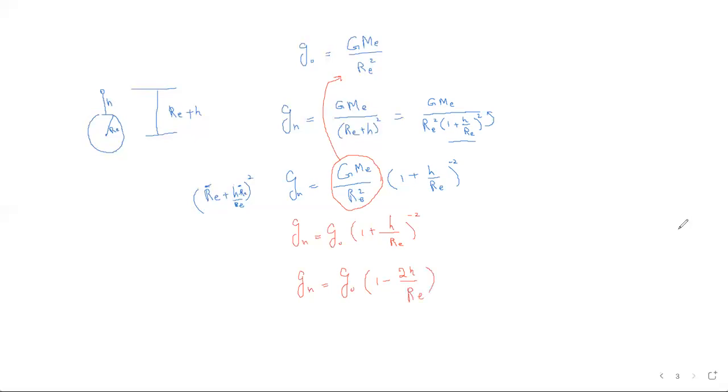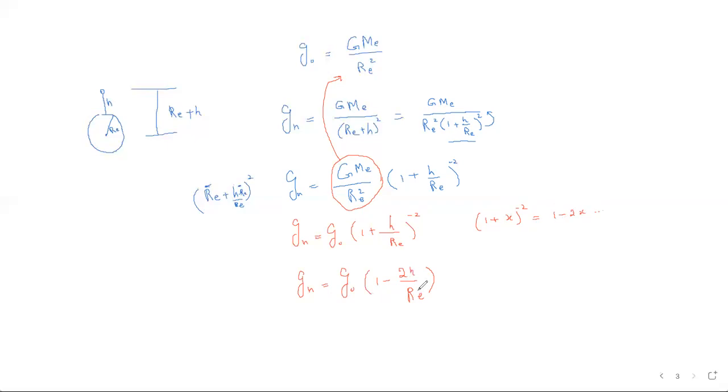Because here we can use this formula: 1 plus x to the power minus 2 is 1 minus 2x, and then the next one is an x squared term, which can be ignored if x is smaller than 1. Yes, it's right.